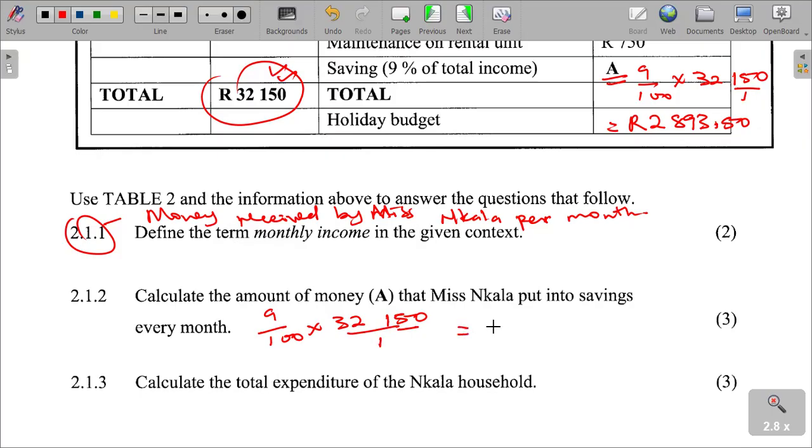When you put it in your calculator, you get that this amount is equal to 2,893.50, which is the monthly savings that Miss Ngala can put into her savings.